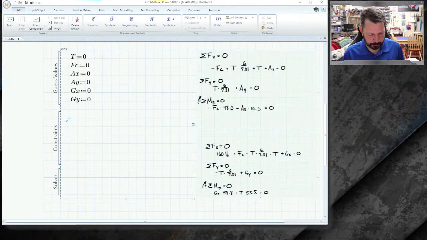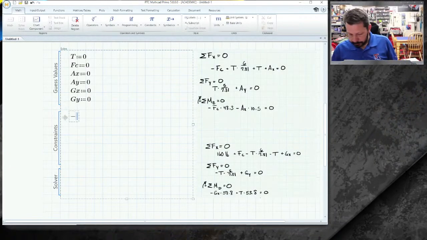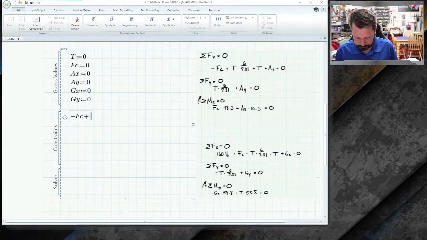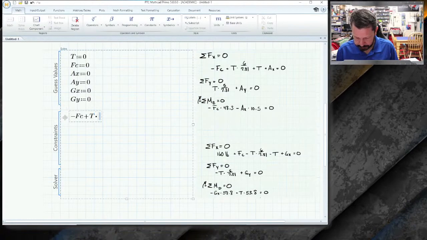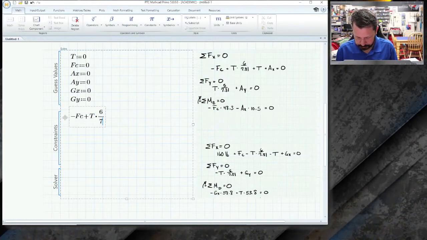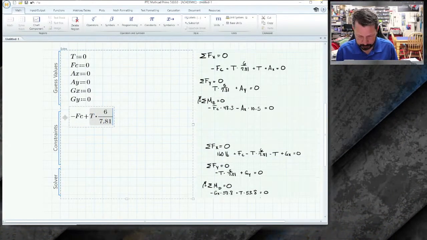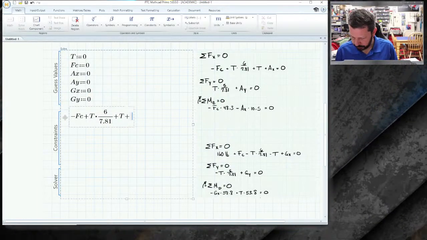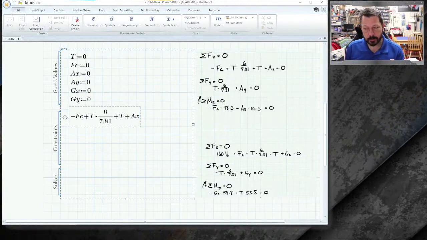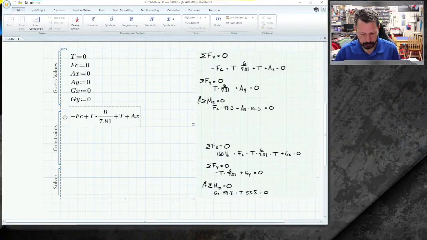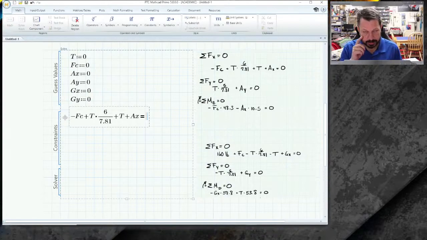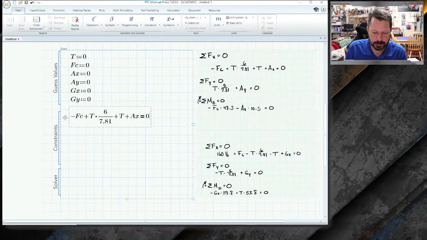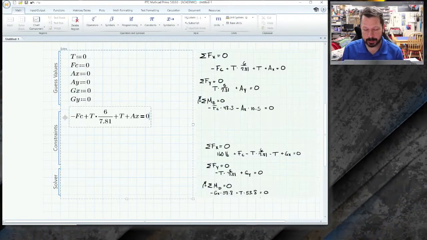All right, so negative FC plus T times 6 over 7.81 plus regular T plus AX equals 0. This equal needs to be the control and equal sign. So that bold one, that's the symbolic equals. So it's not trying to evaluate it, and it's not trying to define it as something. It's just setting up it as a symbolic equation.